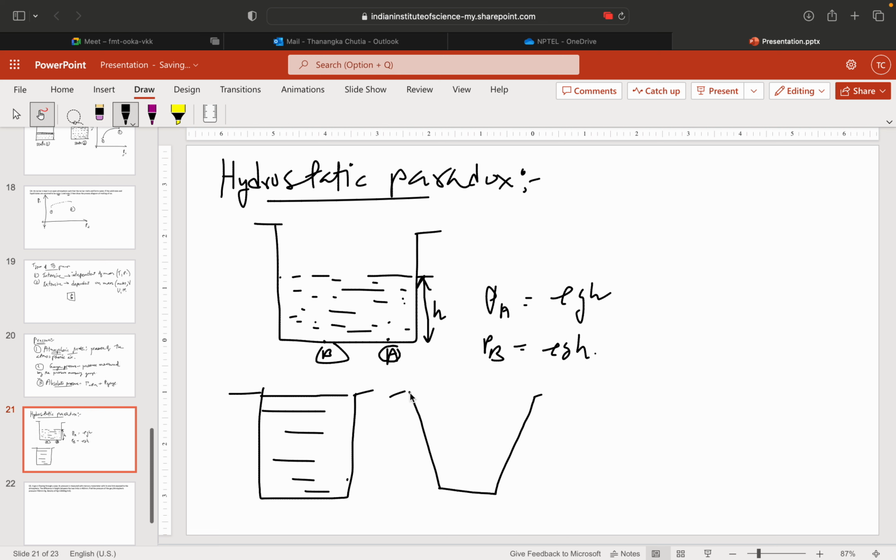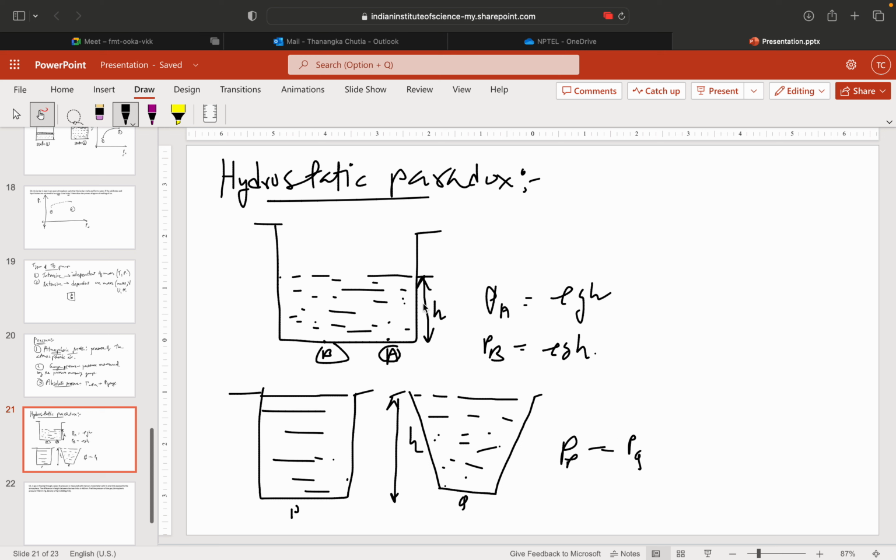These two, you might feel that their volume and everything is different, but since these heights are same, if you want to measure pressure at P and pressure at Q, the pressure at P will be equal to pressure at Q because of this hydrostatic paradox.